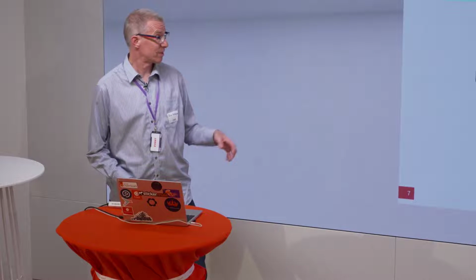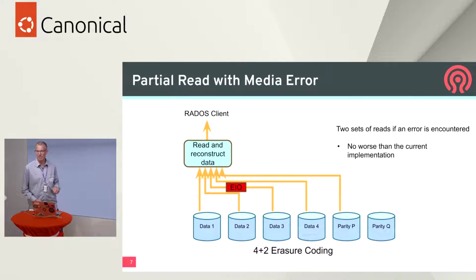That's actually no worse than the current implementation. So the current implementation would have read data 1, 2, 3, and 4 all together to begin with. If data 3 failed, it would still have to go and issue a second read to read the coding parity. So the partial read optimization, although we're reading less initially, might have to read more in an error recovery scenario, but it's still only 2 batches of reads.